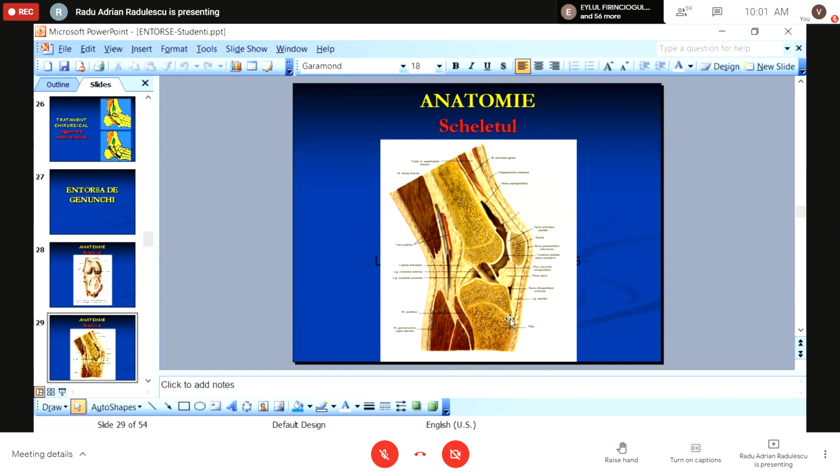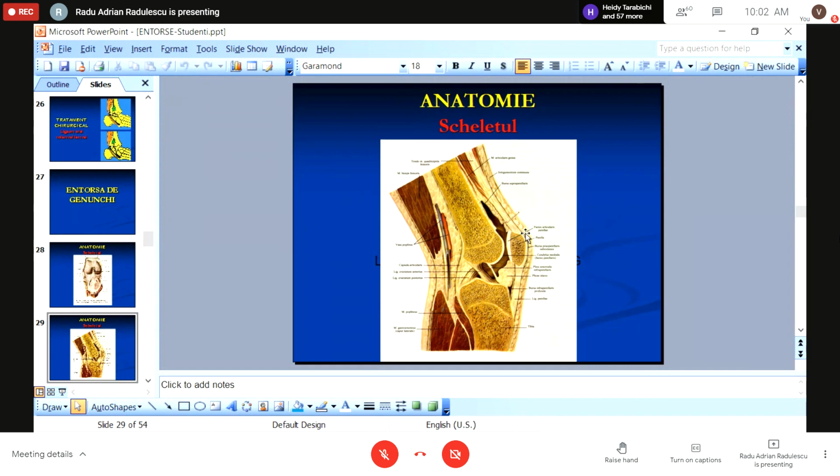So besides these two bones, we have also the patella, which is developed in the depth of the extensor mechanism of the knee and which helps the gliding of the extensor mechanism over the anterior aspect of the femoral condyles during flexion and extension of the knee.